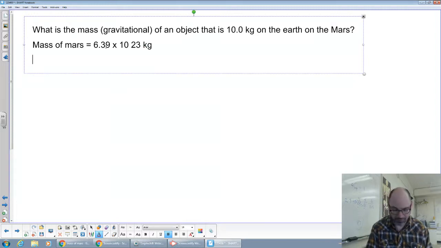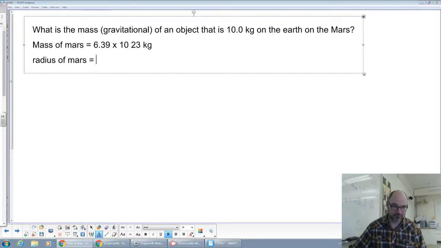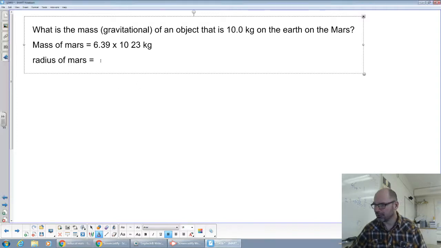And let's say, what is the radius of Mars? We're going to look that one up. The radius of Mars is 3,390 kilometers.